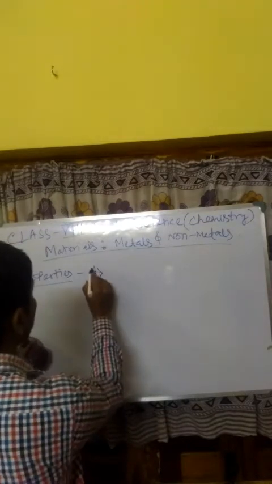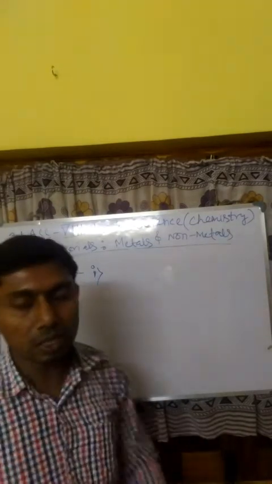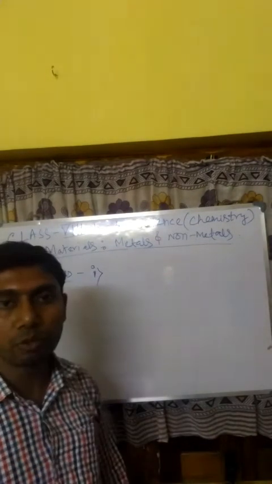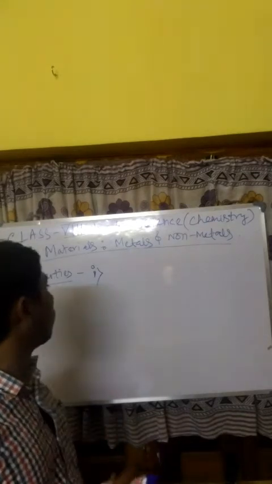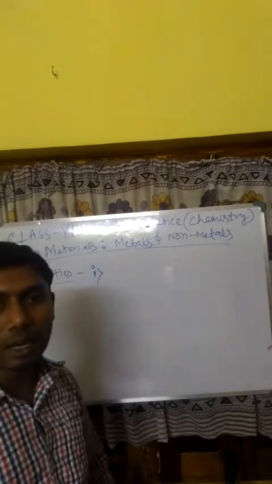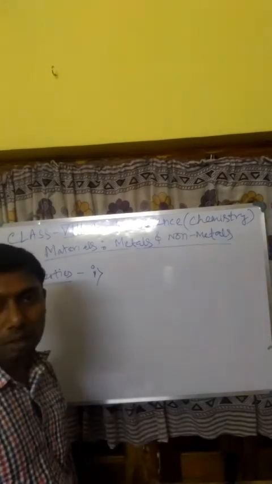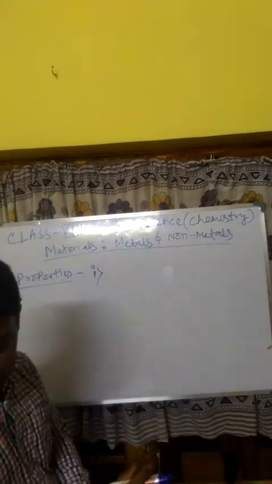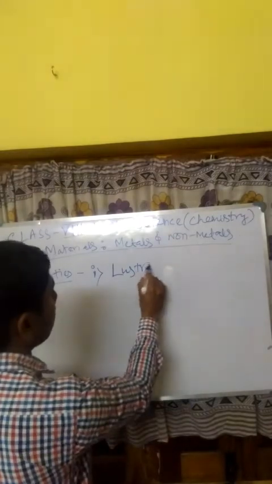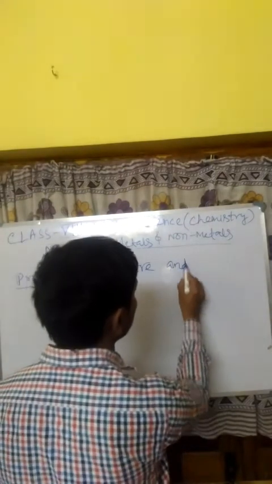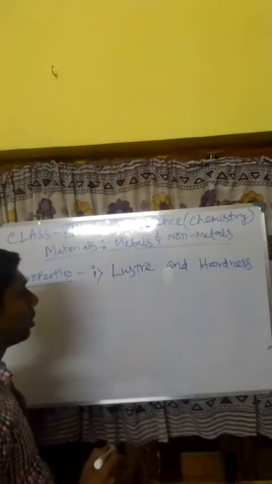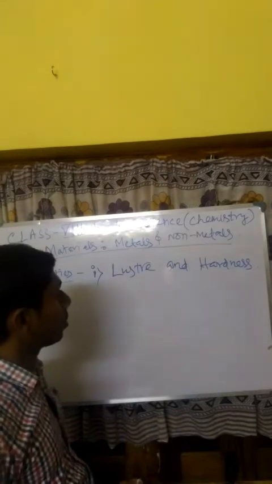We have to make a comparison of the properties between metals and non-metals, following the different characteristics of each. The first point we should discuss is luster and hardness.